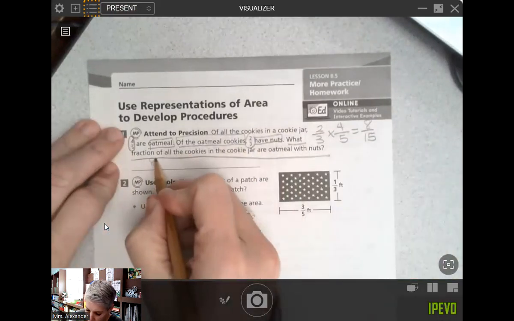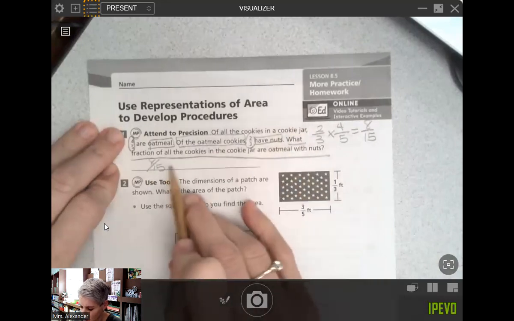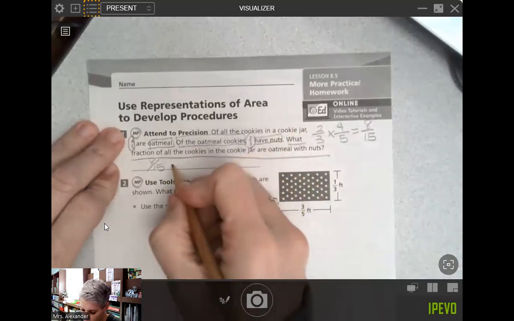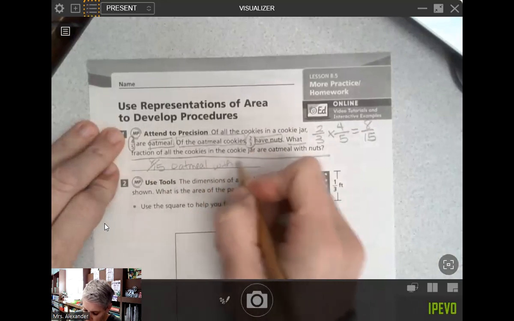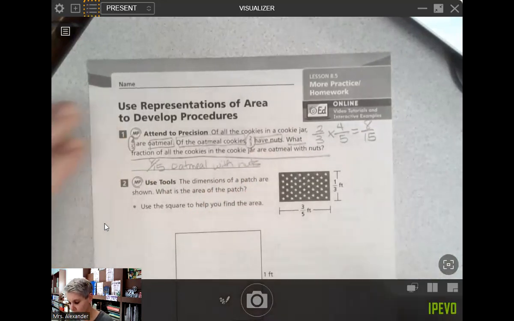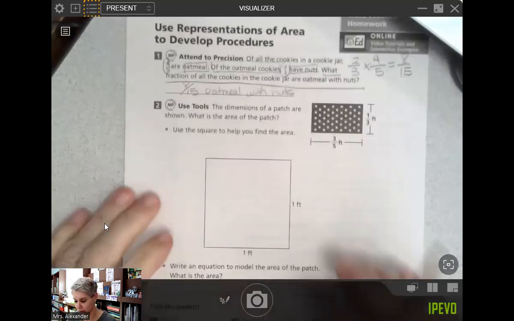We could say 8/15 of all the cookies are oatmeal with nuts. Now, if you simplified that, you might have an equivalent fraction of what? Can we simplify that? Nope, we can't. That is simplest form right there. Okay, easy enough.